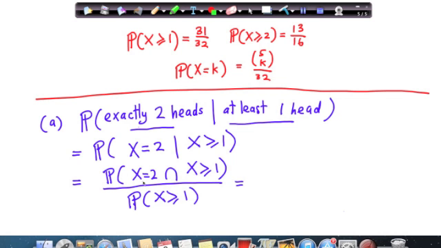What is the intersection of the event x equals 2 and x at least 1? Notice that x equals 2 implies x at least 1. So the intersection is just the event x equals 2. In terms of the Venn diagram, if the set x equals 2 will be sitting entirely in the event at least 1, the intersection is just the event x equals 2.